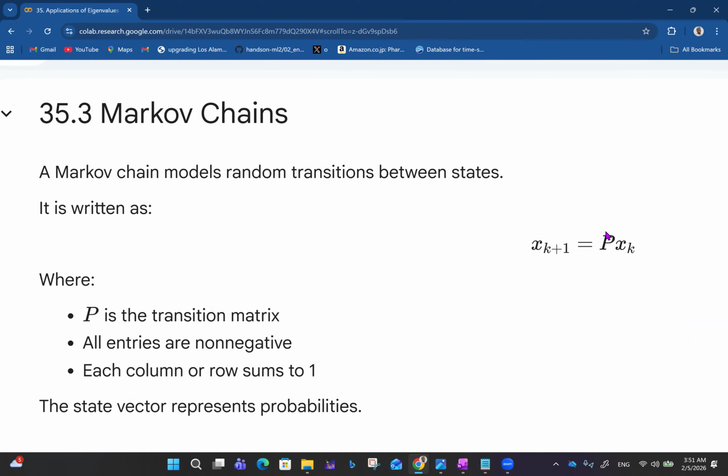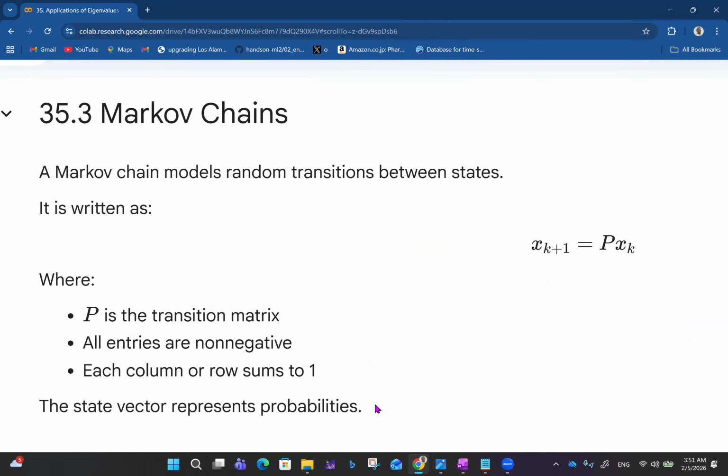It's a probability matrix, so you don't get negatives, because all probabilities lie between 0 and 1. 100% confidence is 1, while 100% lack of confidence is 0, and everything else is in between, fractions and decimals. So each column or row sums to 1.